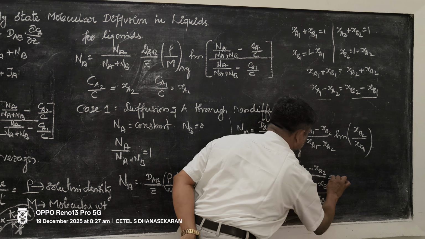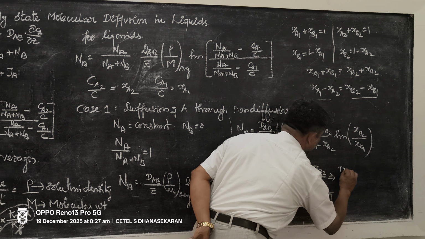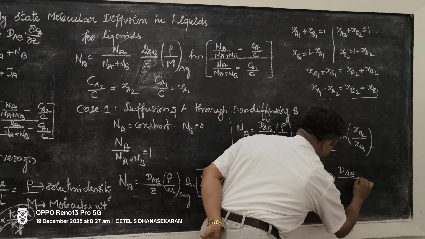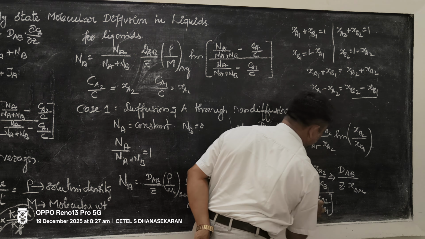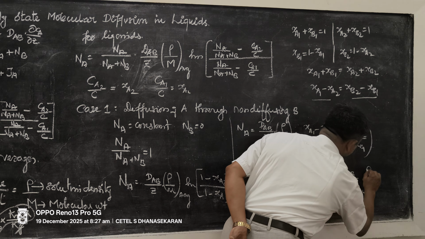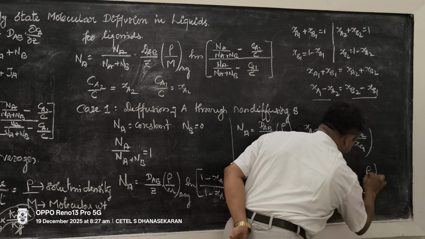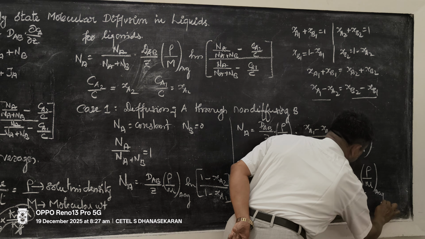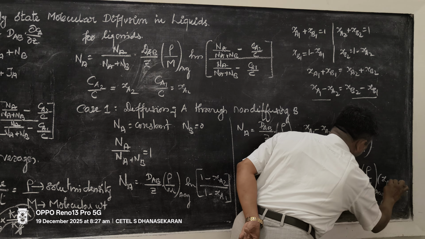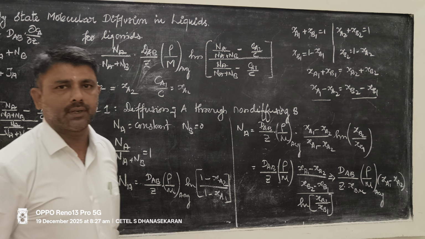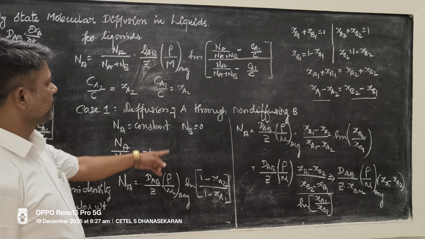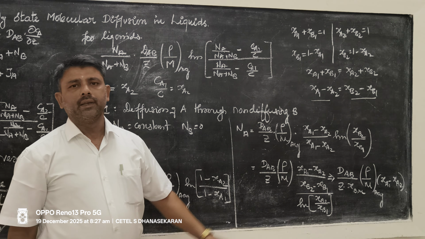Hence, this equation becomes dAb divided by Z into mean value of B into rho divided by M average into Xa1 minus Xa2. This is the expression for estimation of flux for diffusion of A through non-diffusing B in liquids.